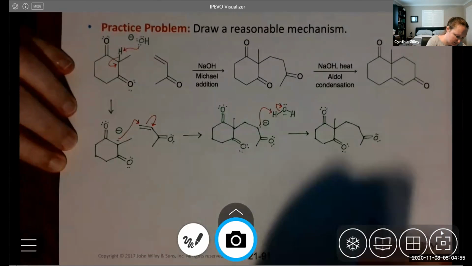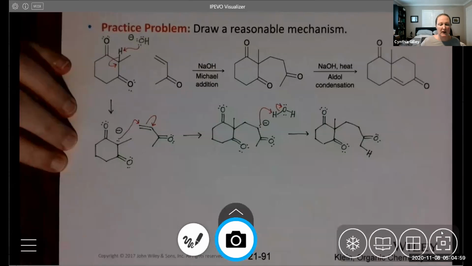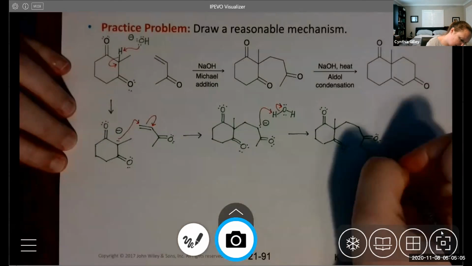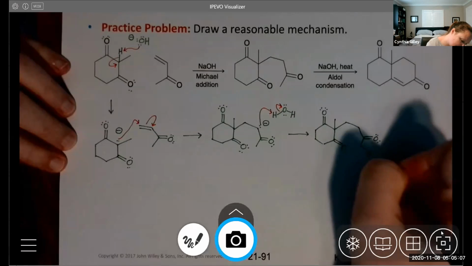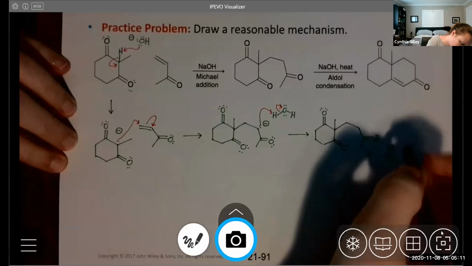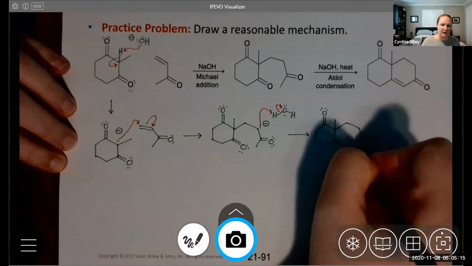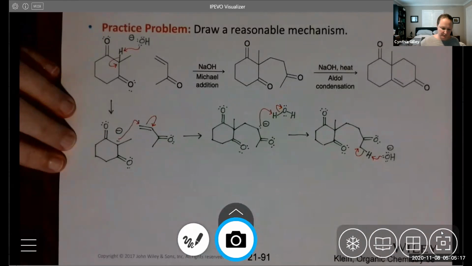intermediate, and then we're going to deprotonate the other alpha proton. So I'm going to deprotonate with hydroxide as a base, and go ahead and add in some hydroxide to deprotonate. I'm going to deliver the lone pair to the alpha carbon.